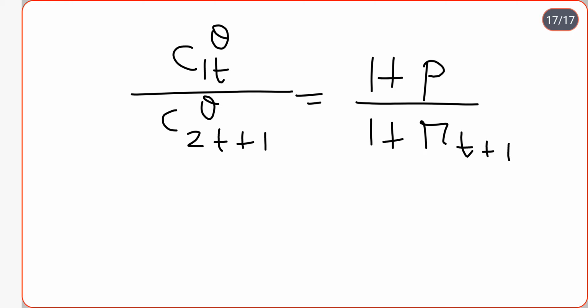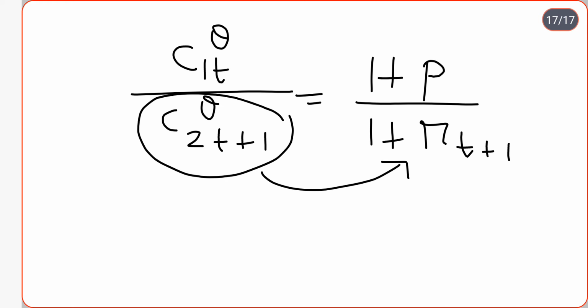Now the question is, if we want to consider this, I want to find out the value of c2t plus 1 to the power theta. I want to check what it actually comes to.